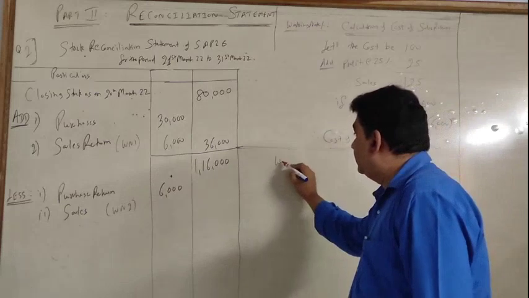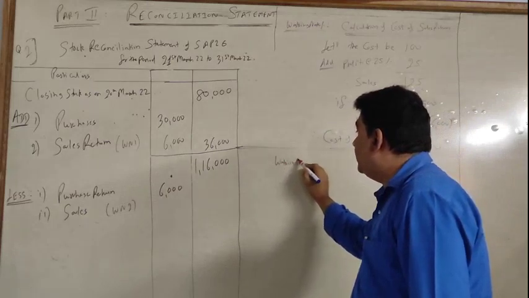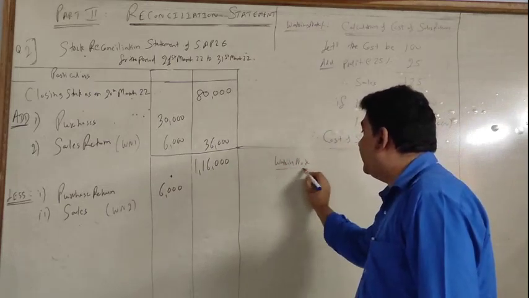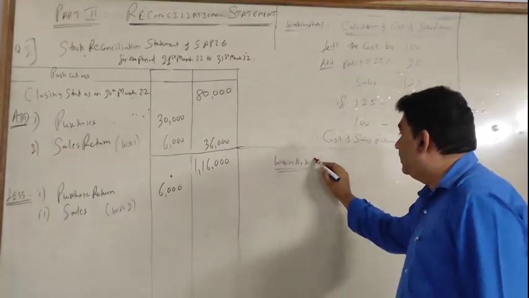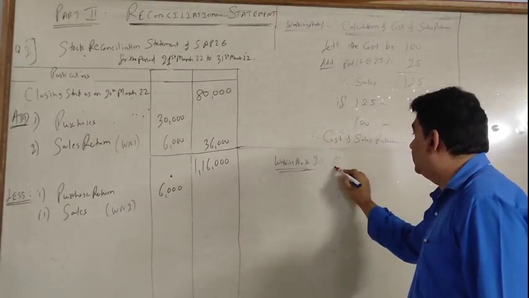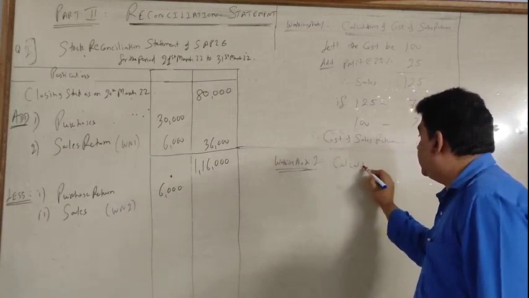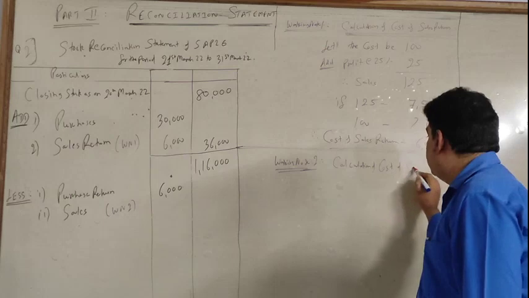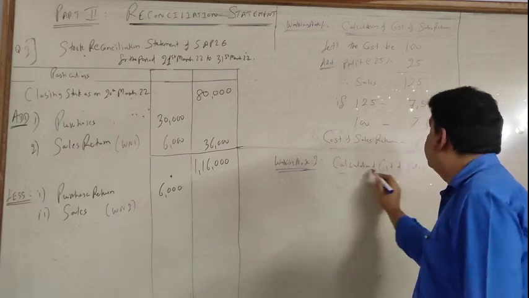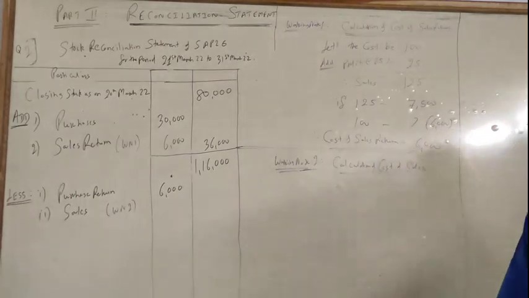Of course, I could do it in brackets also because I have already taken the equation in working note number 1, but we'll do it again. Working note number 2, calculation of cost of sales. First was cost of sales returns. Now it is cost of sales. Now listen.